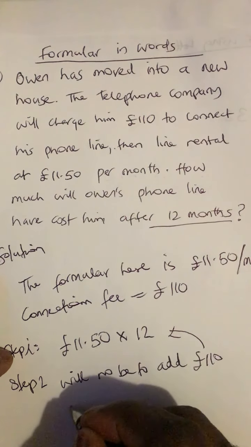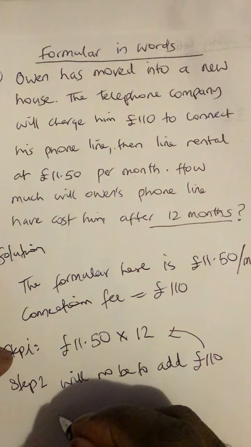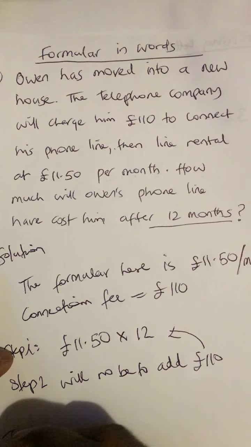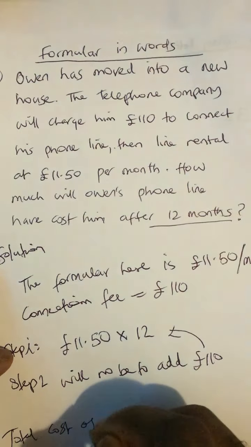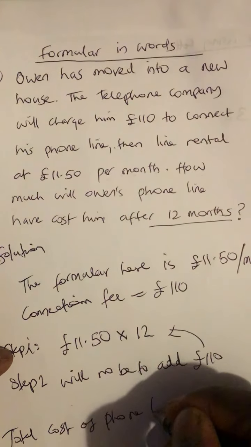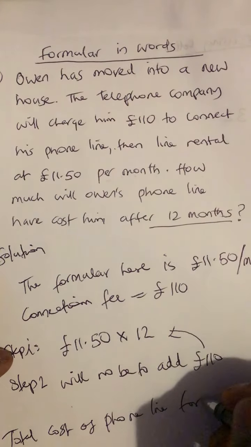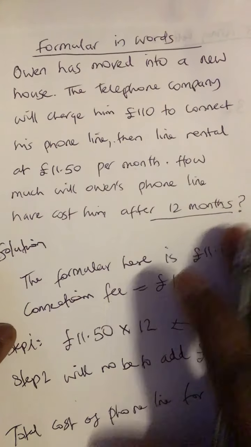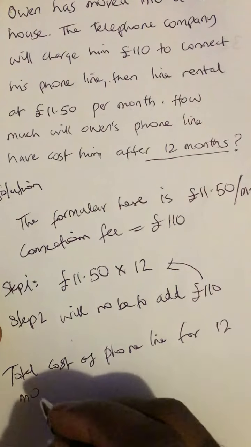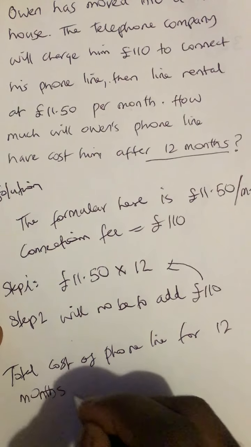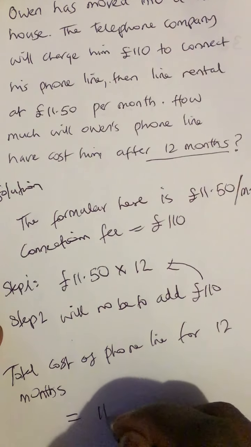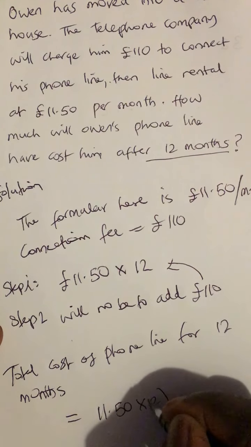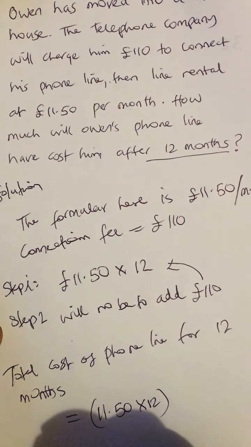So we now have the total cost of phone line for 12 months will now be 11.50 times 12 months.